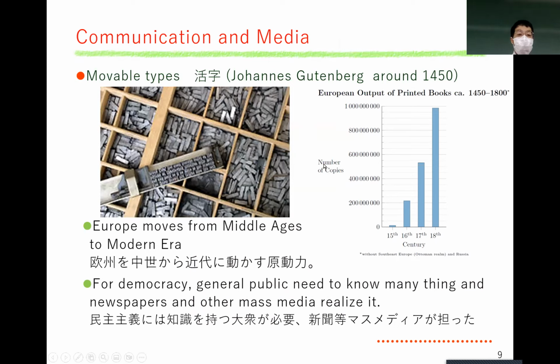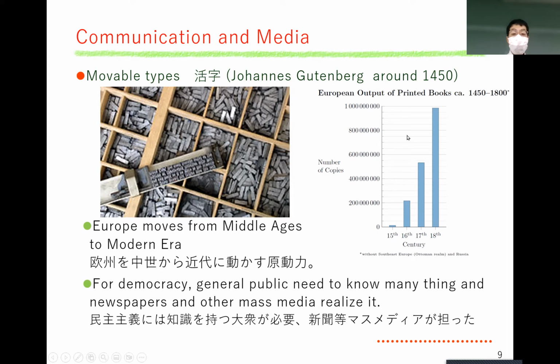So the number of publications increased like this. Movable type was invented around 1450, and after that the number of printed books increased remarkably, very quickly.